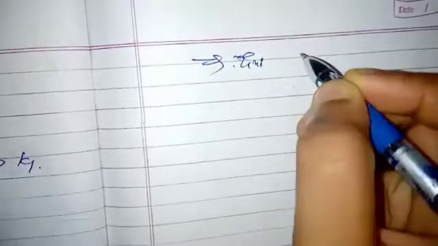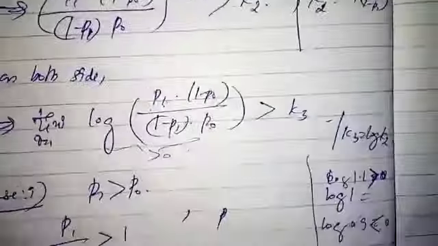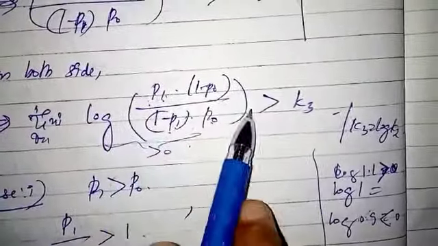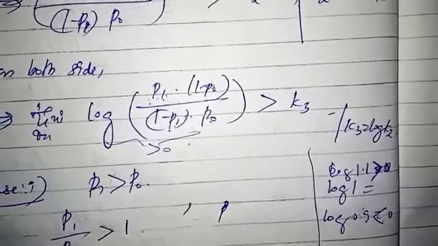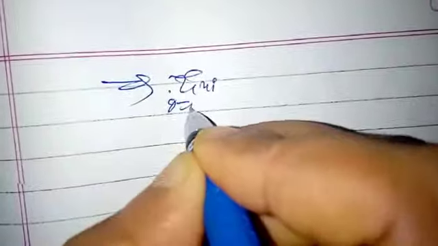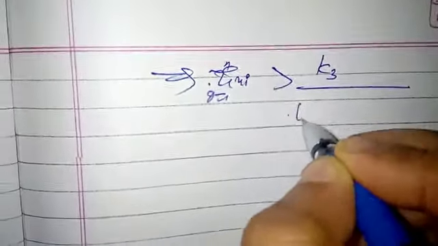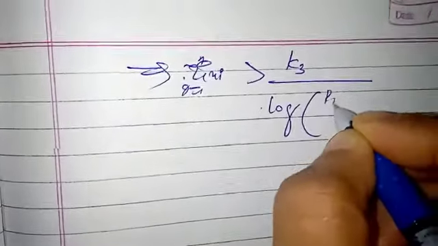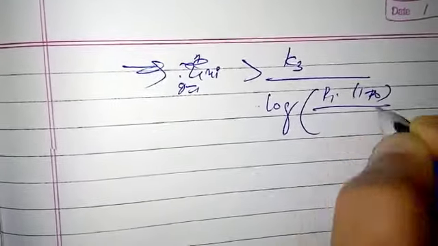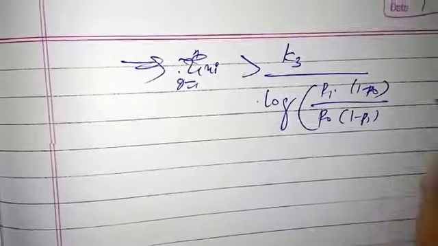Then we will divide summation xi by this term, and the sign remains the same, right? That is, summation i equals 1 to n xi is greater than k3 divided by log of p1 into 1 minus p naught divided by p naught into 1 minus p1.